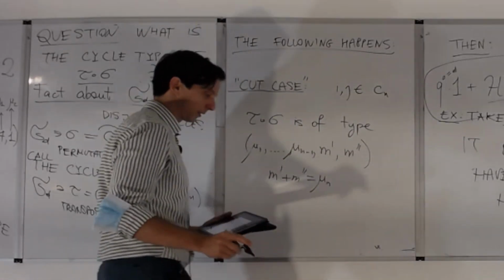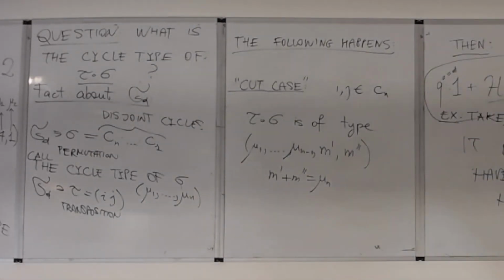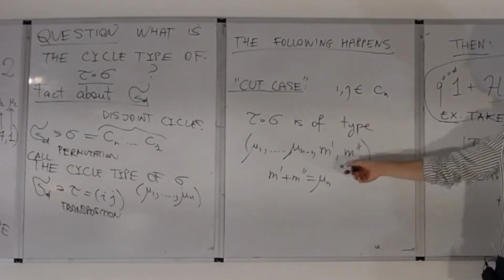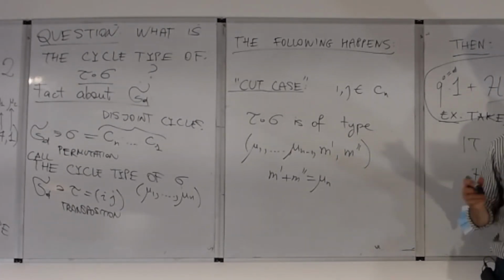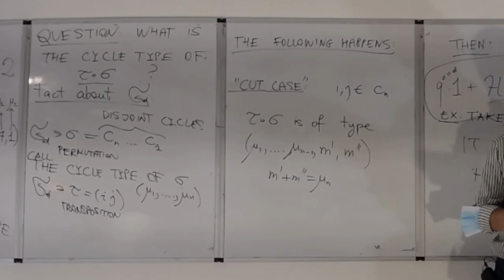And this can happen in a certain number of ways, depending on the parity of mu_n, whatever. It has a coefficient, as in it can happen in several different ways. So if they are in the same cycle, then the cycle splits. We can make an example of this.